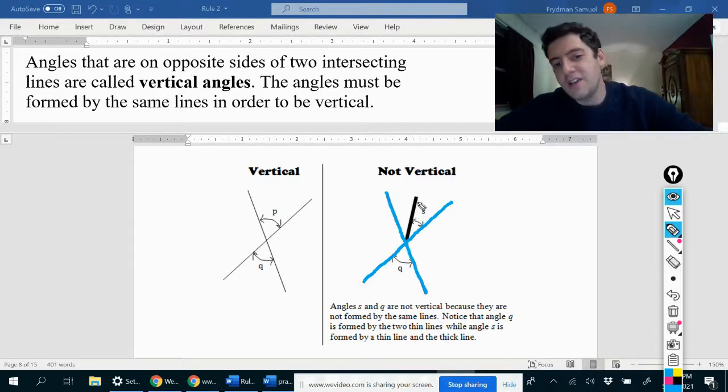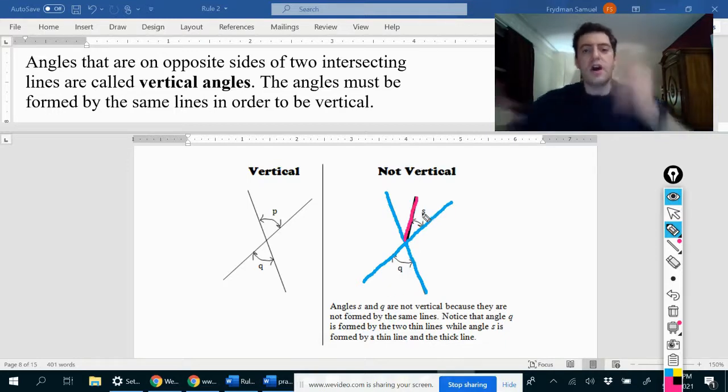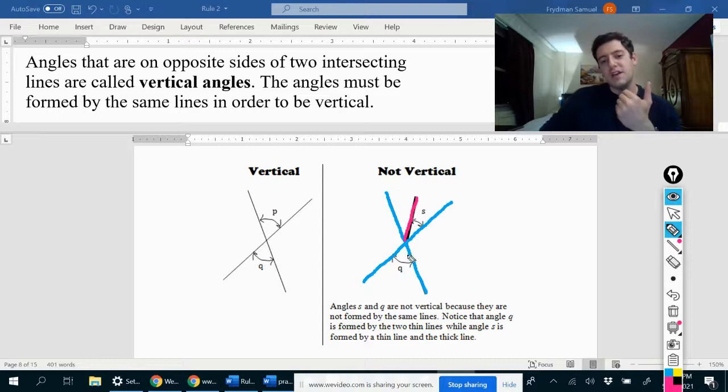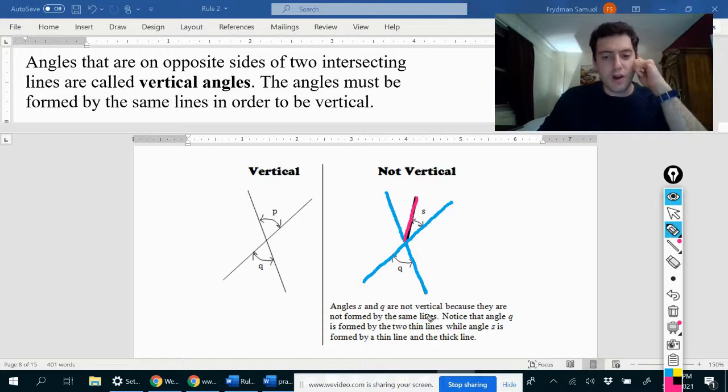The other side of angle S is from this line, right? So angle Q and angle S are not formed by the same lines, and therefore, even though it does kind of look like they're across from each other, we would not call them vertical angles.